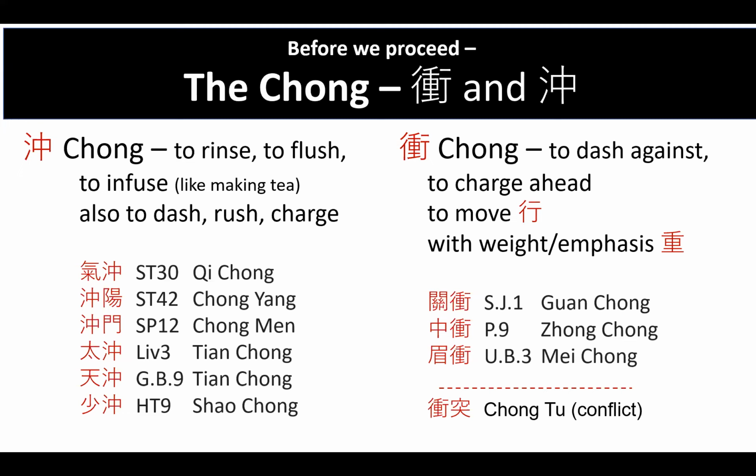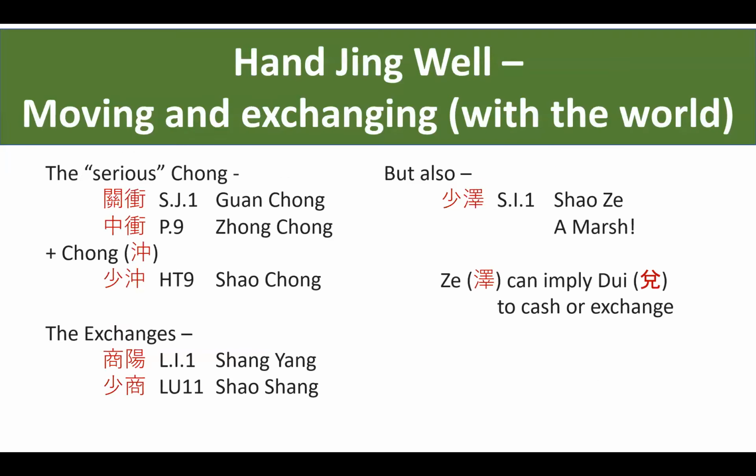Chang means to push out, and what you're going to see is Jing Well points in the hand have this Chang business. So Sanjiao 1 and pericardium 9 and heart 9. And then you also have points that imply an exchange.